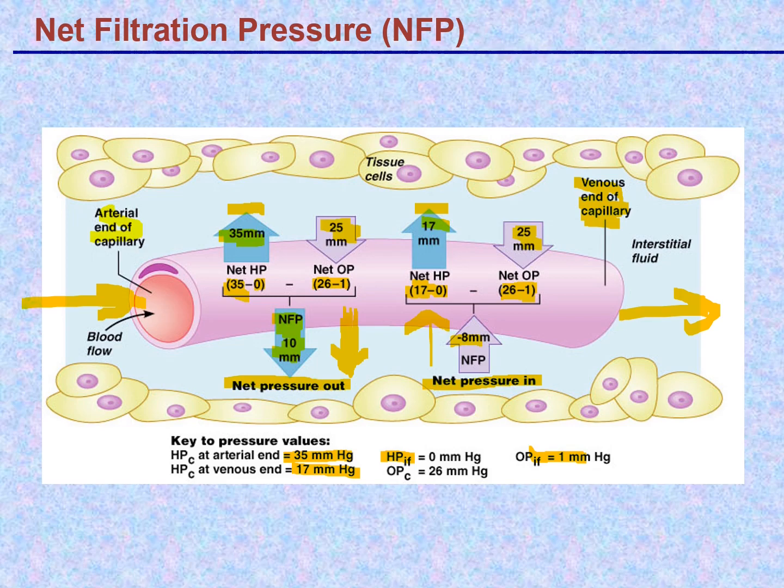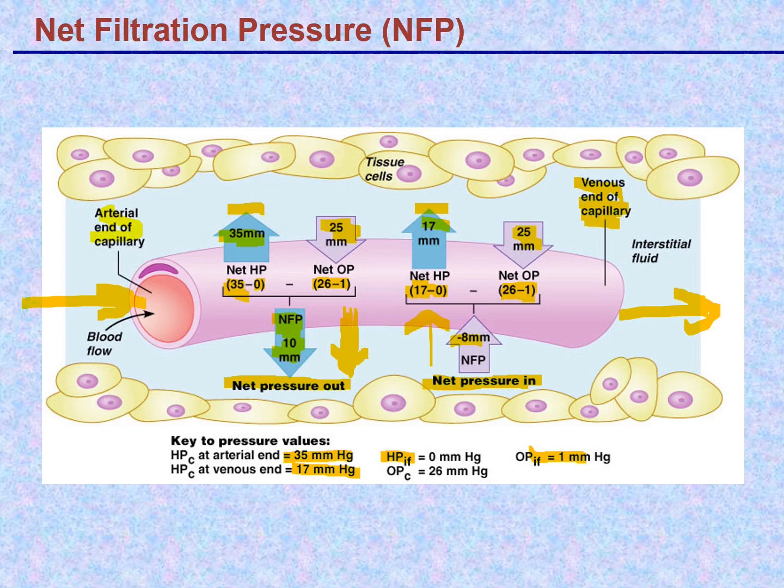First, it's pushed out by the net filtration pressure pushing outward, then it's pulled back in, but not all of it gets pulled back in. Some of it stays. You may see in other textbooks, other figures, other slides, other sources, slightly different numbers, but in the end, the general message is that the net filtration pressure is higher at the arterial end.